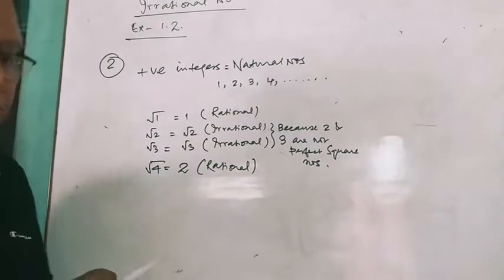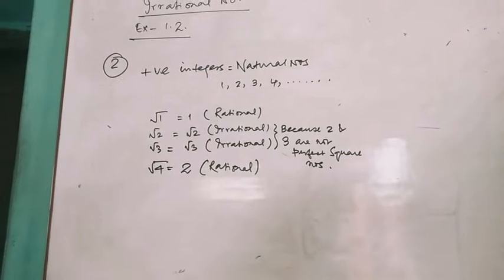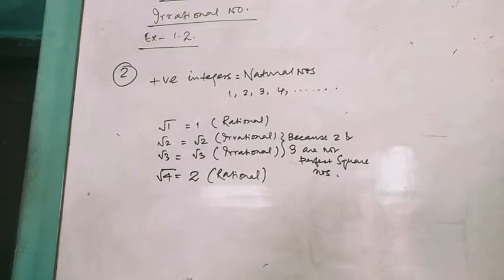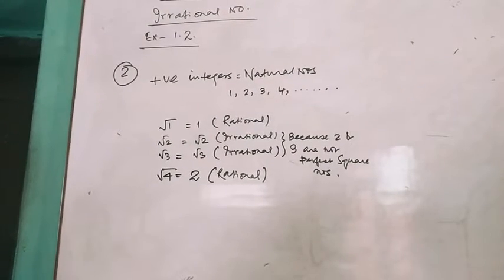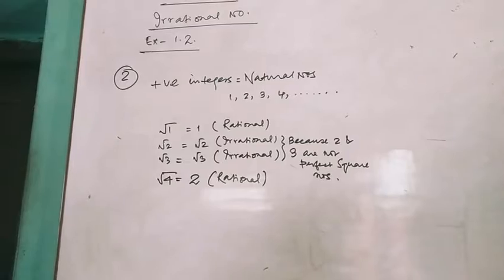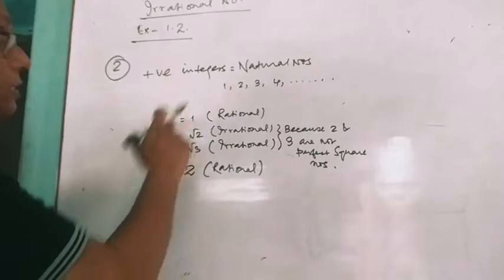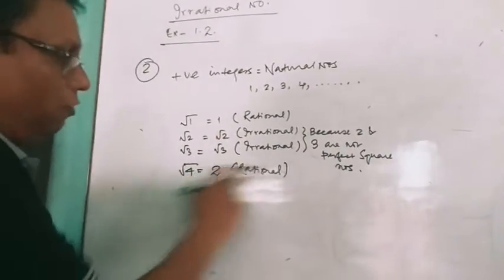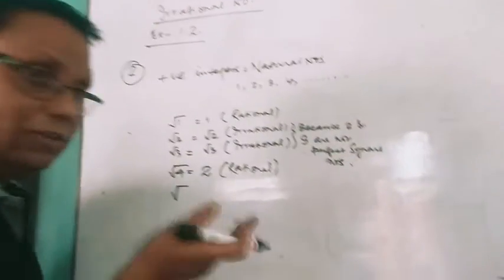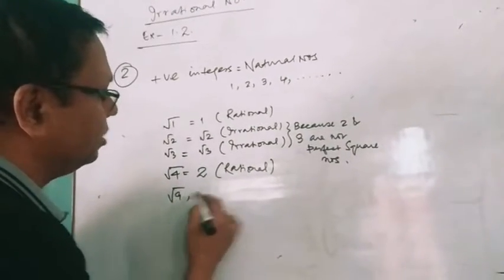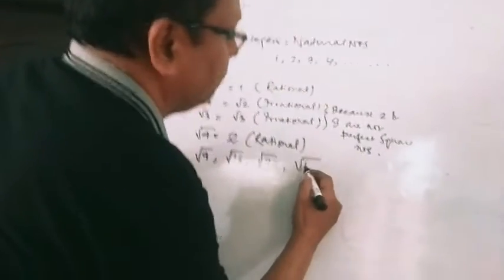Now, the question says, are the square roots of all positive integers irrational? No. If not, give an example of a square root of a number that is rational. Yes, square root of 1 is rational and 1 is a positive integer. Square root of 4 is 2, which is a rational number. Similarly, take any perfect square: square root of 9, square root of 16, square root of 25, square root of 144.